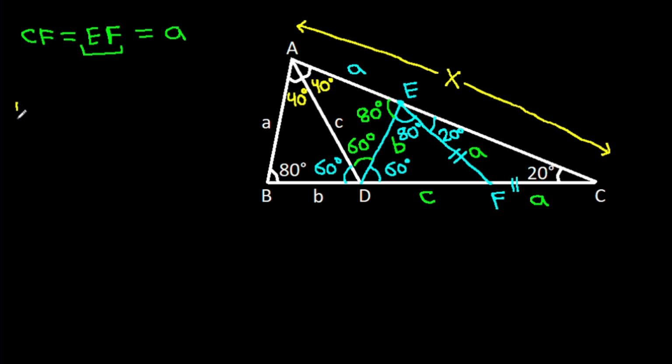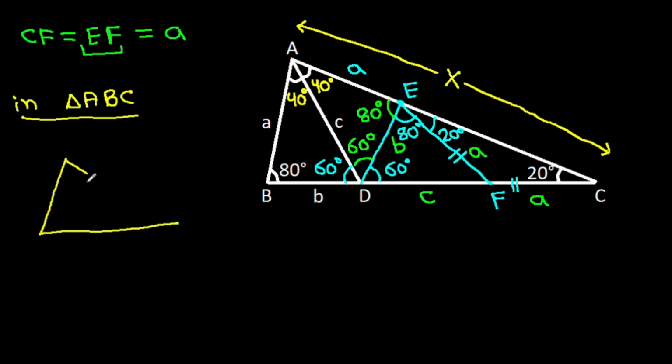And now in triangle ABC, these two angles are equal, that is 80 degrees.